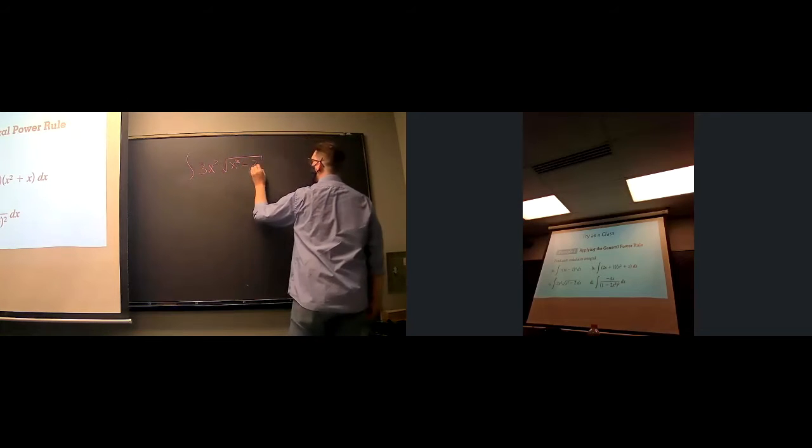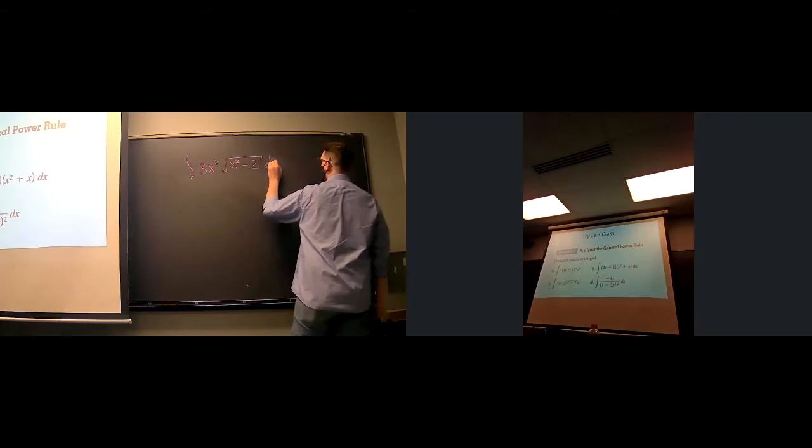What we've got is 3x squared, the square root of x cubed minus 2 dx.